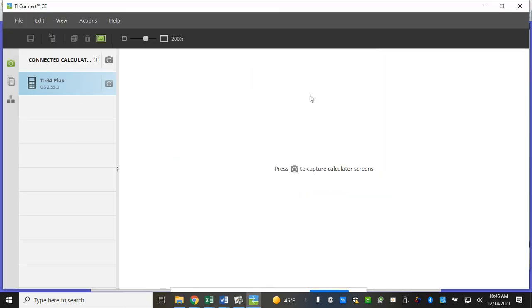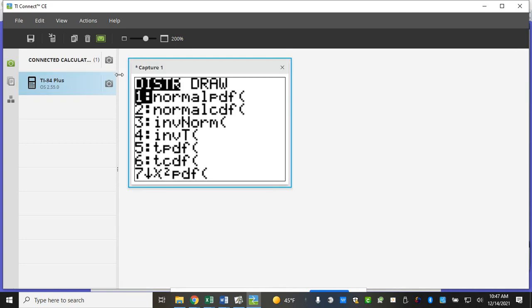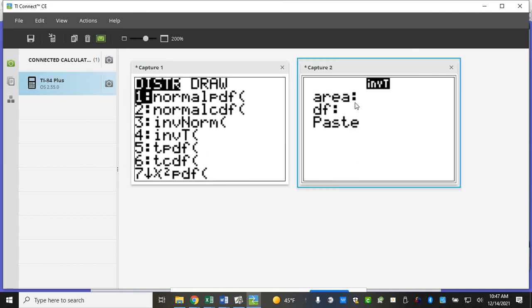If I want to find a t in my calculator, does anybody know where to go? Second distribution. I am trying to find it, so I'm doing the backwards way, so I go to which button? Inverse t, which is 4. And it is going to prompt me for two things: area and degrees of freedom.